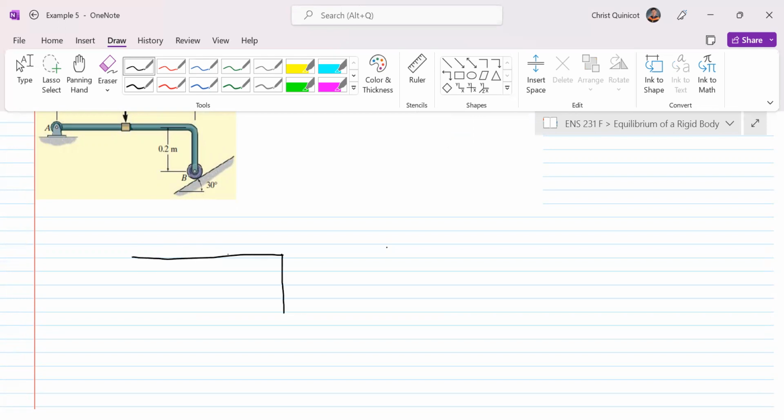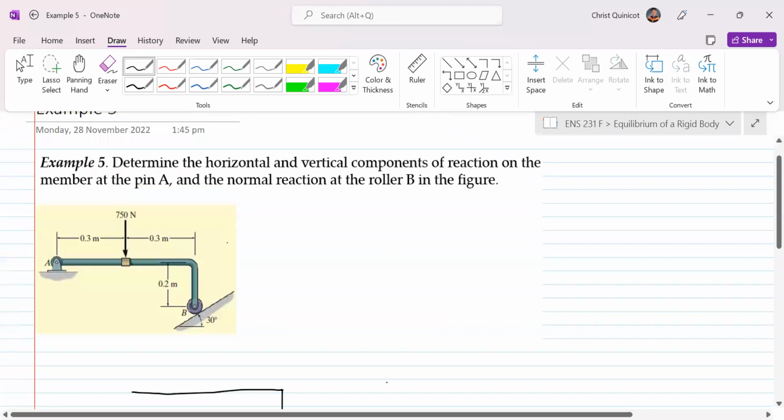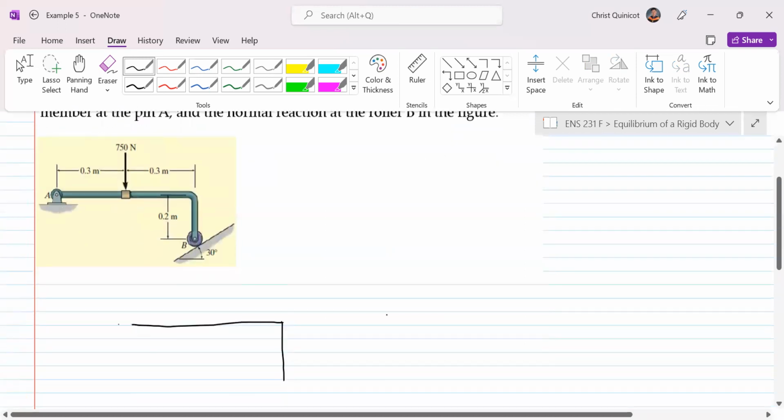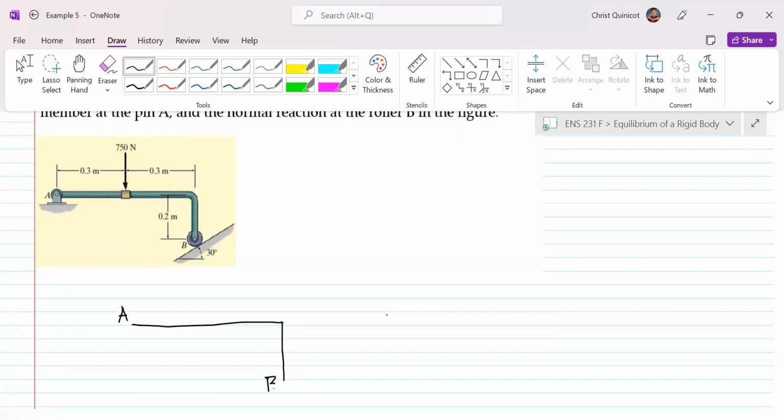Okay, so we have this is A and this is B. 0.3 meters from A, we have a force of 750 Newton going down. So let us label this 0.3 m.